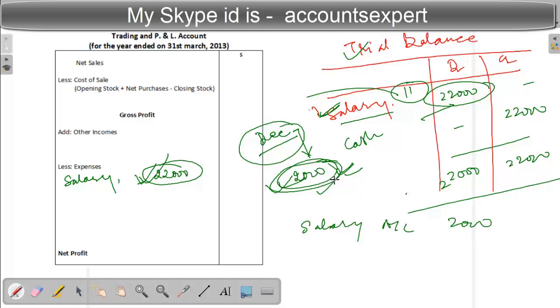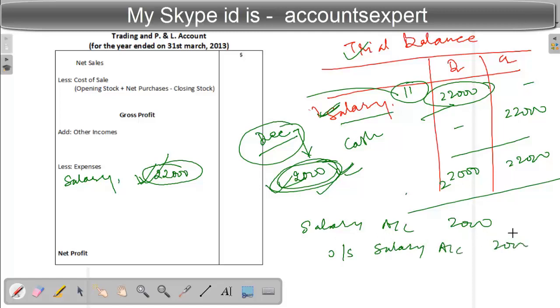Now tell me, is this salary paid or unpaid? Unpaid. So it means I can't write cash. If it is paid, then I will write cash, but we know that this salary is still not paid, so I can't write cash. In place of cash, I will write what? Outstanding salary.